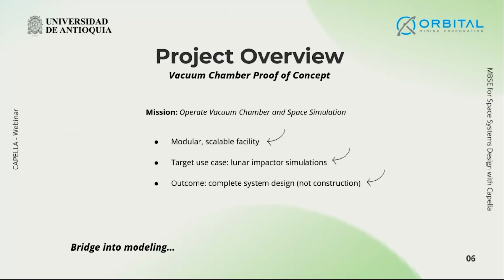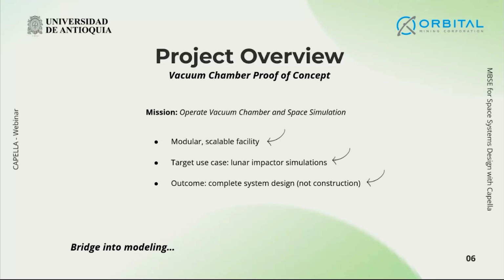For the project overview, the main objective of this project was to develop a proof of concept for a modular vacuum chamber that is capable of simulating space-like conditions. The mission, defined at system level, was to operate the vacuum chamber and space simulation.